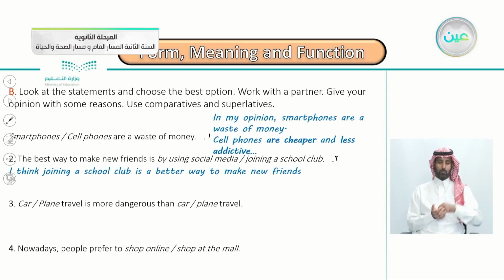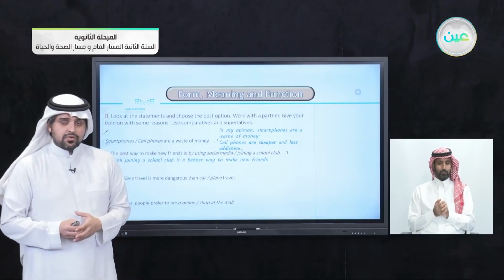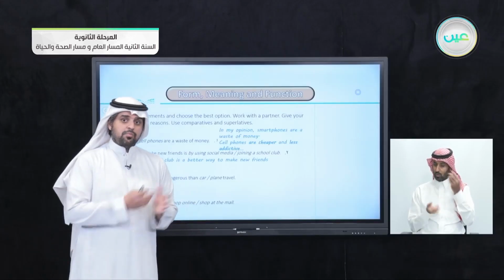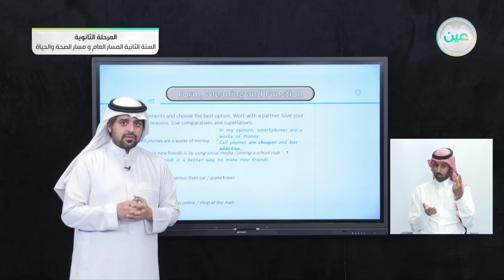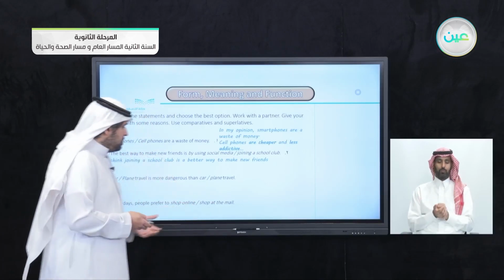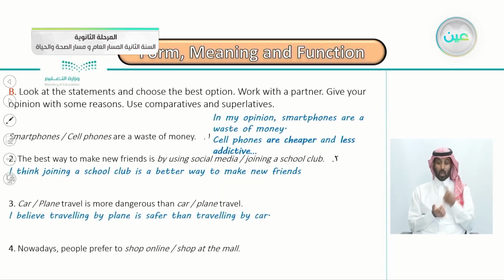Number 3, car or plane travel is more dangerous than car or plane travel. So which is more dangerous to you? And remember to use the comparative here because we're comparing two things. Yes, you say, I believe traveling by plane is safer, from the adjective safe, than traveling by car.